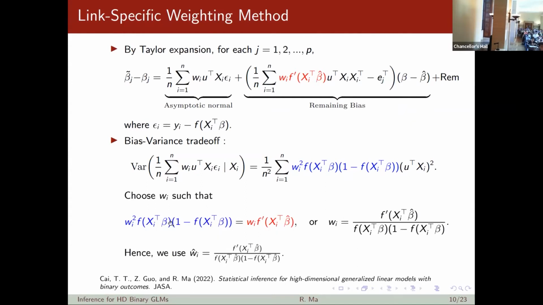By solving this equation, we have the final form of a good choice of W_i. We use a plug-in estimator for this beta in the denominator, and we have the final form, which is a simple function of the linear form x transpose beta hat, and the function depends only on the pre-specified link function, so that for different link functions, we will have a different version of sample-specific weights.